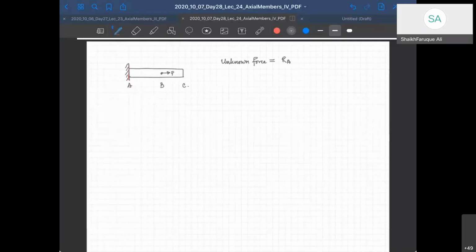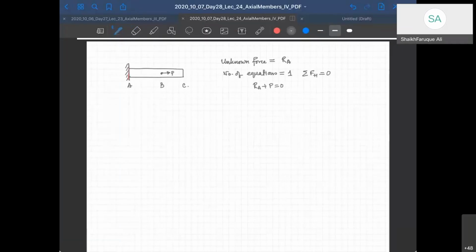You want to find the reaction at A, because for other points there is no point in finding the force. The number of equations is 1. What is that? Summation of force H equal to 0, and that gives me RA plus P equal to 0.